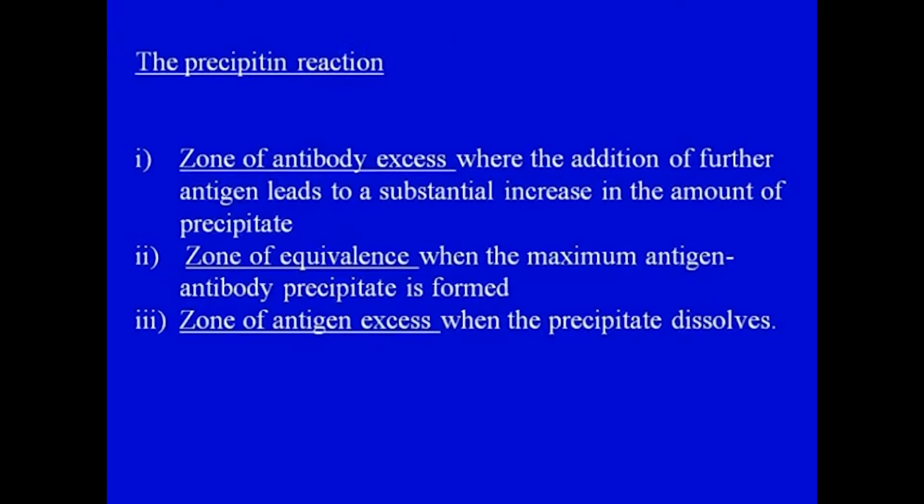So, as you start adding the antigen from a small quantity, there will be antibody excess. The second part of the curve is the zone of equivalence, where the maximum antigen-antibody precipitate is formed, and the third part of the curve is the antigen excess, where when you add more antigen, that is after equivalence, the precipitate dissolves actually. All right. So, let me show you this whole thing on the screen.